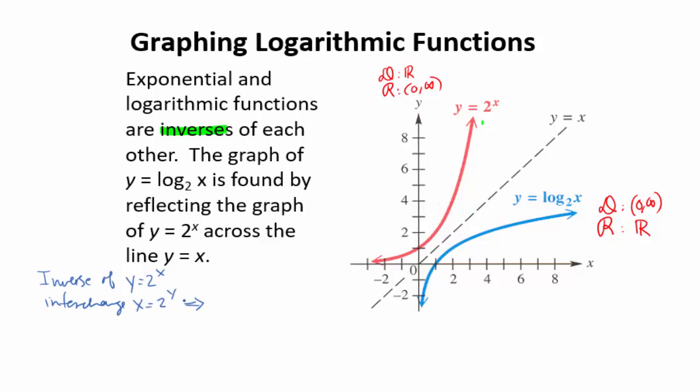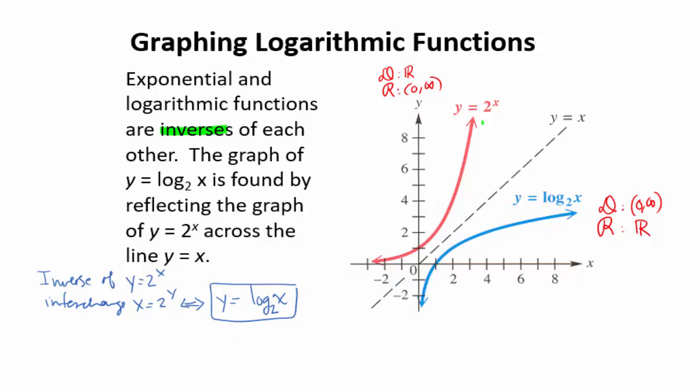Solving for y is the same as writing it in logarithmic form. So y is the exponent that I raise the base 2 to get x. So y is the log of x to the base 2. That is now your function right here.